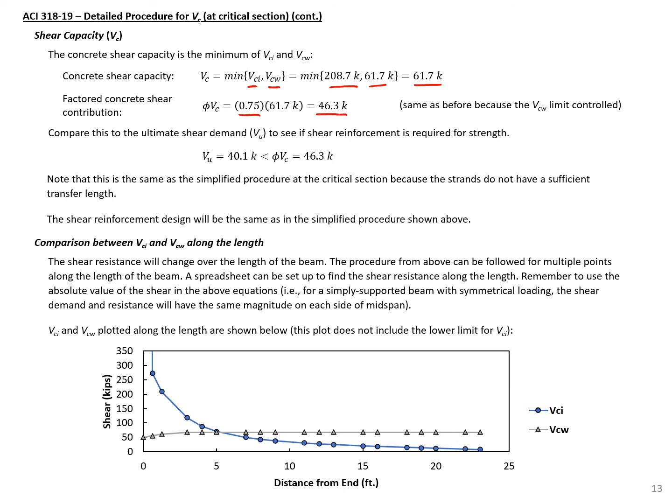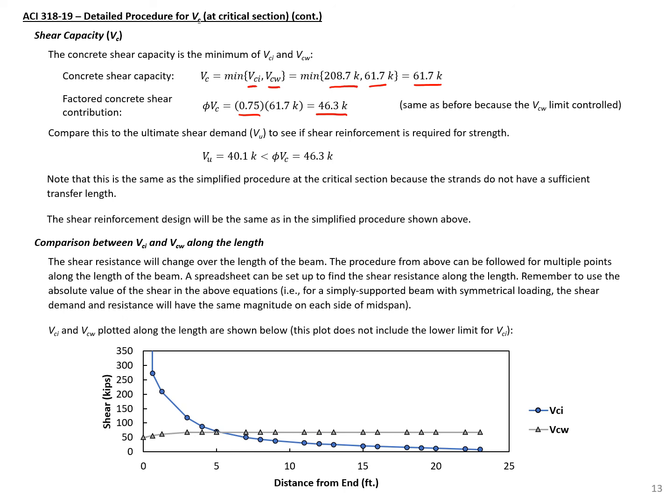We can see that because V sub CW controls, and because it also controlled at the critical section in our simplified procedure, we have the same phi VC using both the simplified and detailed procedure at the critical section. This won't always be the case, but it is in this example. And because it is, we don't need to go back through and recalculate anything with our shear reinforcement. All of that will be the same. So we'll use the same shear reinforcement that we found from the simplified procedure.